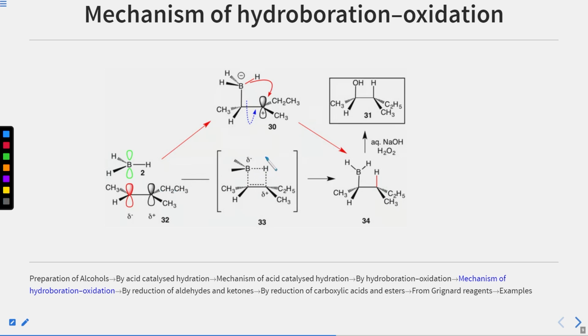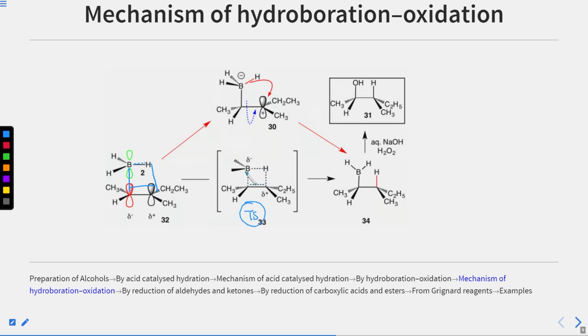Therefore we get this kind of transition state. So these two bonds are formed, shown with dotted lines. This alkene bond has been destroyed, it is also shown as dotted, and this bond has also been destroyed. So 2 sigma bonds have been formed, 1 pi and 1 sigma have been broken, and we get a concerted mechanism here, and this is our transition state.